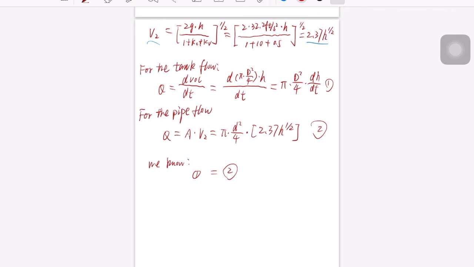So we will get that pi D squared over 4 times dH divided by dt equals pi d squared over 4 times 2.37 H to the power of 1 divided by 2.